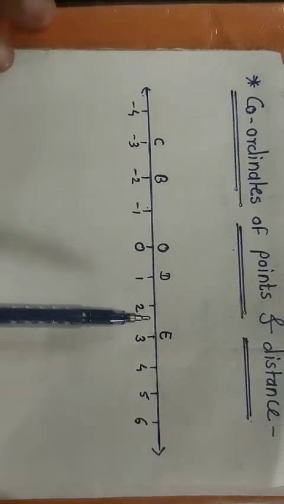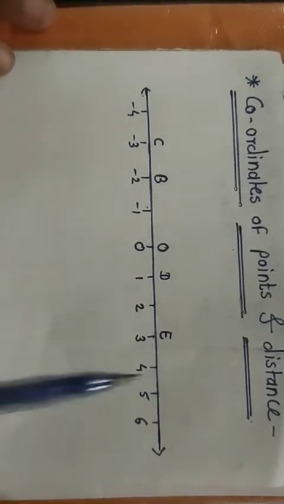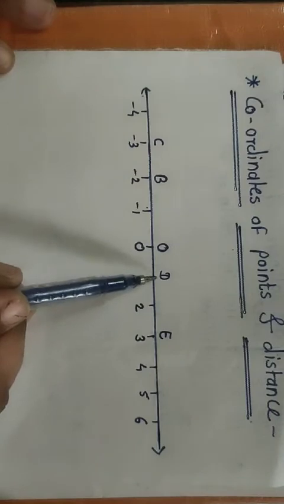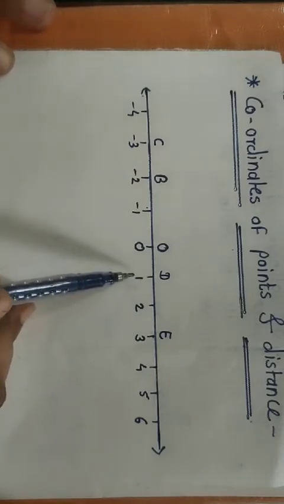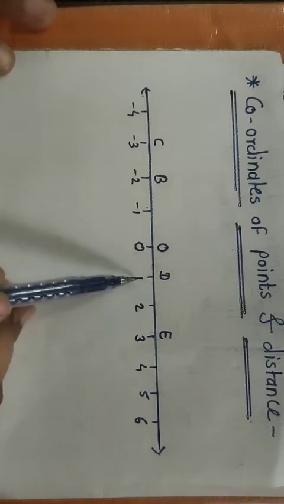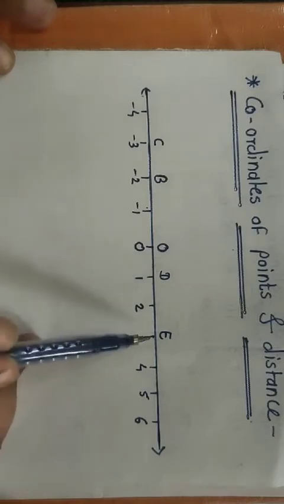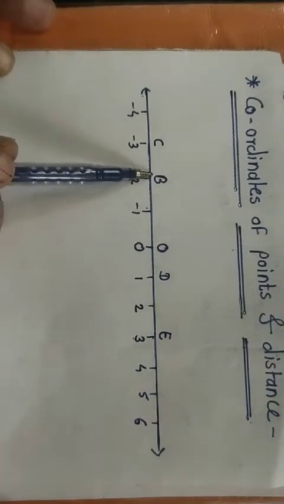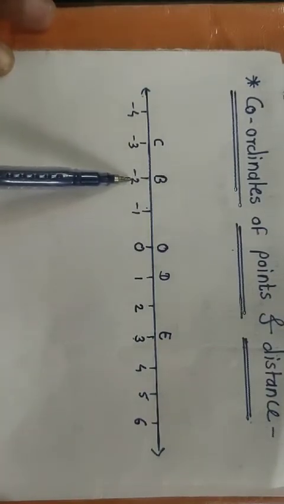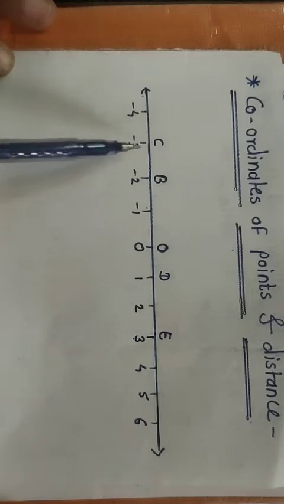You will notice that point D lies on the number line and point D denotes the number 1. Similarly, point E denotes the number 3. Point B denotes the number -2. Point C denotes the number -3.